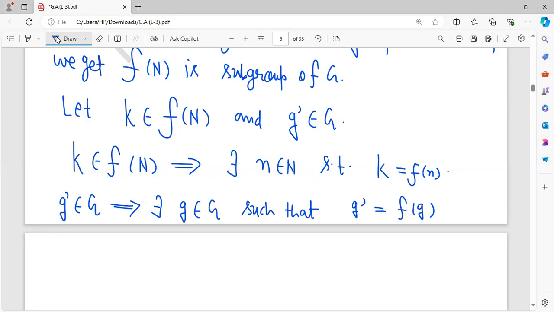Why is this happening? Because f from G to G is onto. If a map is onto, you take an element g' from G, there will be another element g belongs to G such that g' is equal to f(g). This is the property of onto, because f is an automorphism, and an automorphism is an onto map.